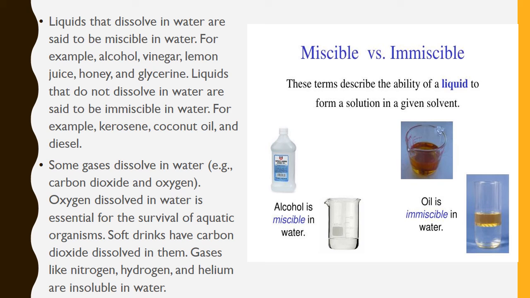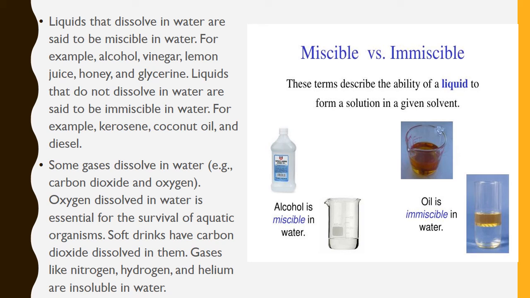Even some gases dissolve in water. Example, carbon dioxide and oxygen, but the solubility of some gases in water is very low. Oxygen dissolved in water is essential for the survival of aquatic plants and animals. Soft drinks have carbon dioxide dissolved in them, and gases like nitrogen, hydrogen and helium are insoluble in water.